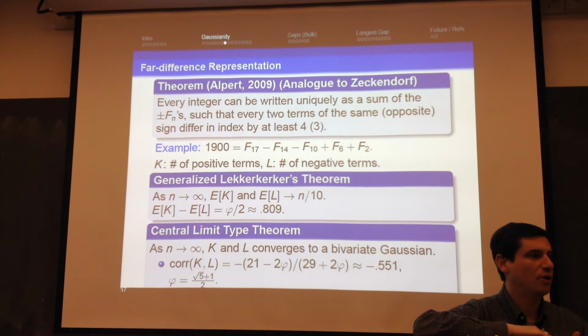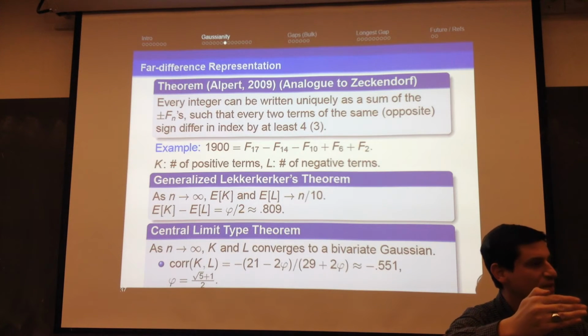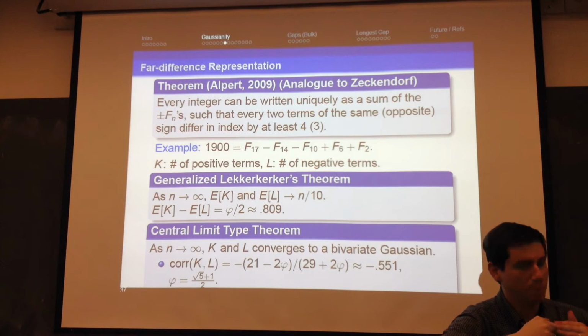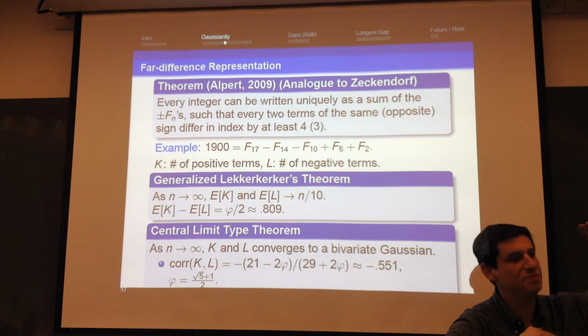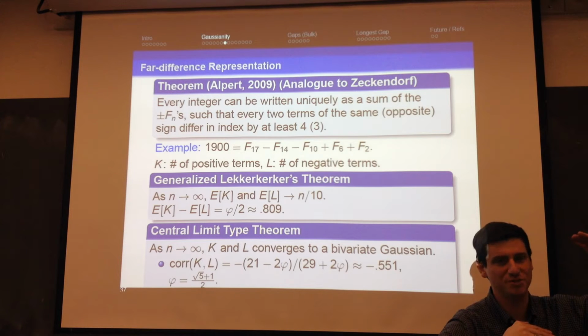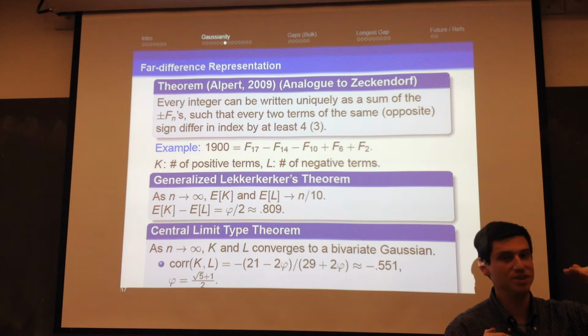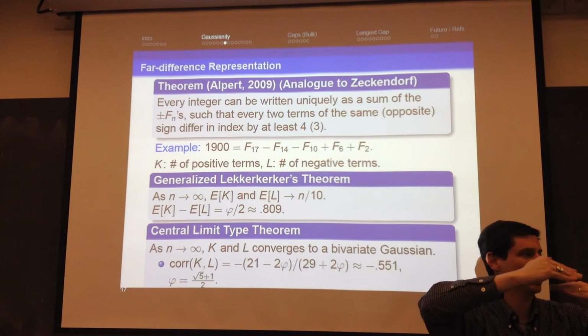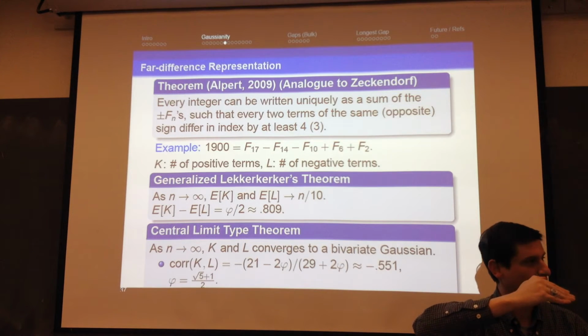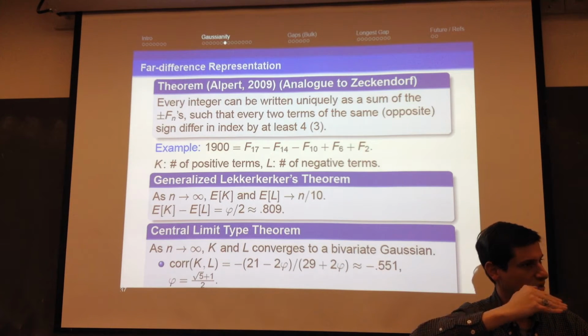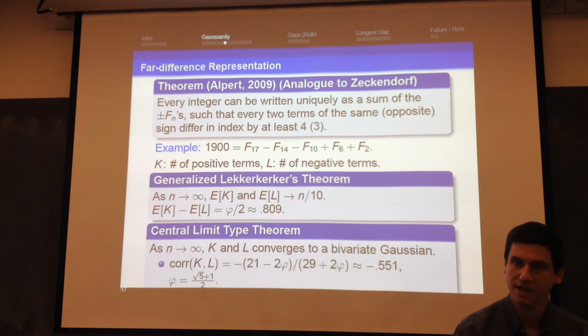What if our largest Fibonacci number is much, much less than our number, which happens to be 1 before the next Fibonacci number? Oh crap, if it's 1 before the next Fibonacci number, I'm going to have to use a lot of summands to get up to it. What I would much rather do is overshoot by 1, and then subtract that off. So sometimes it's better to do something like that.